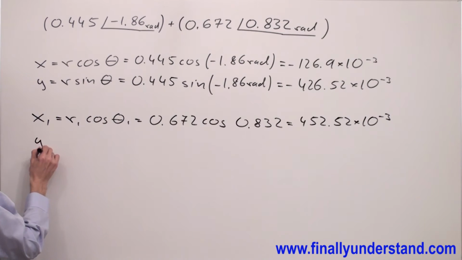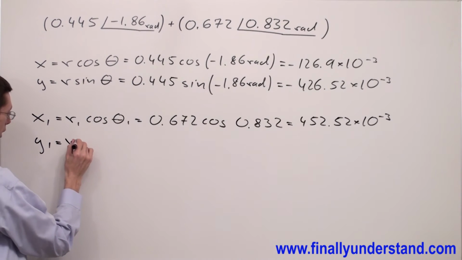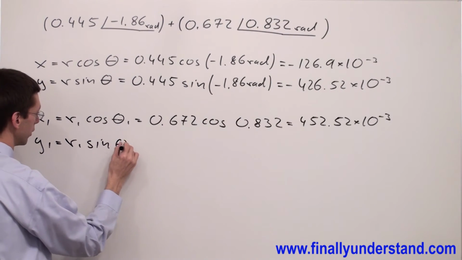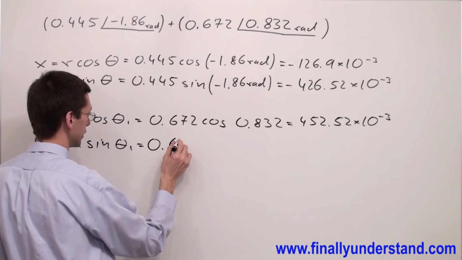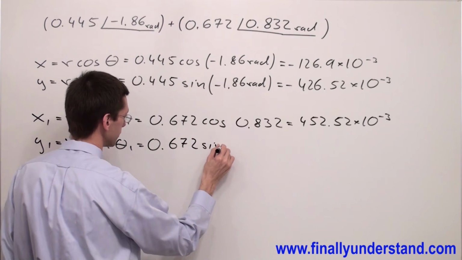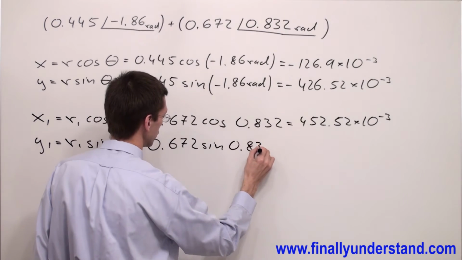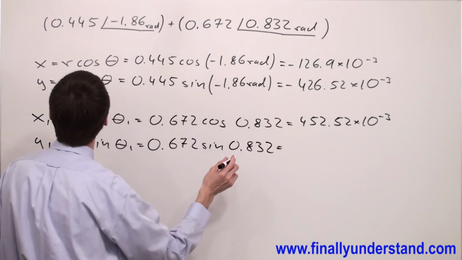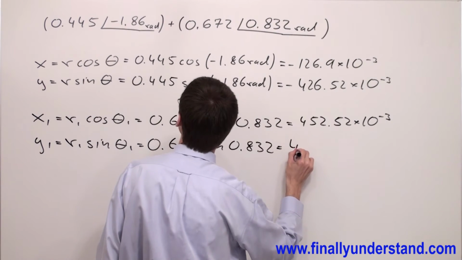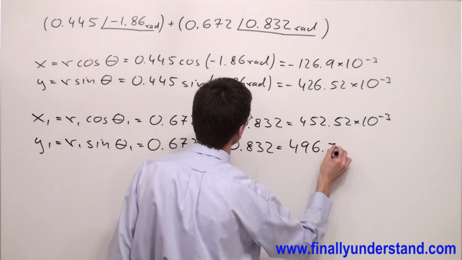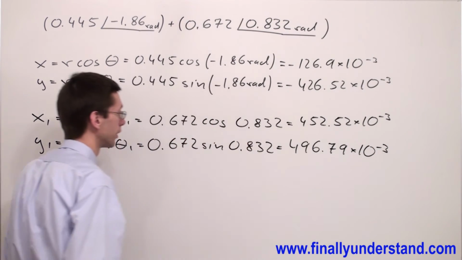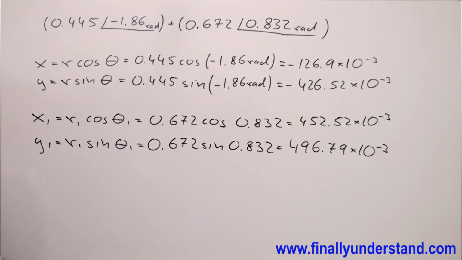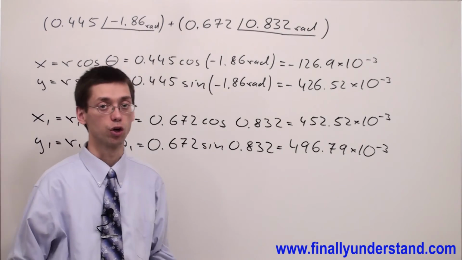And you're supposed to find y1, which is equal to r1 sine theta 1, which is equal to 0.672 sine 0.832, which is equal to 496.79 times 10 to negative 3. So I found the x, y values for both of these complex numbers.